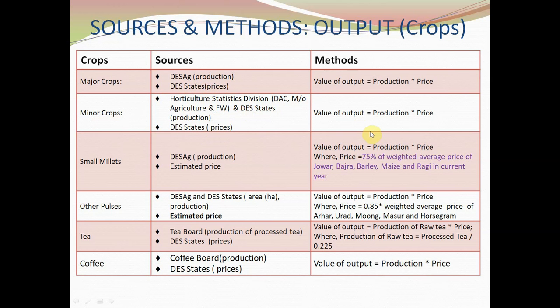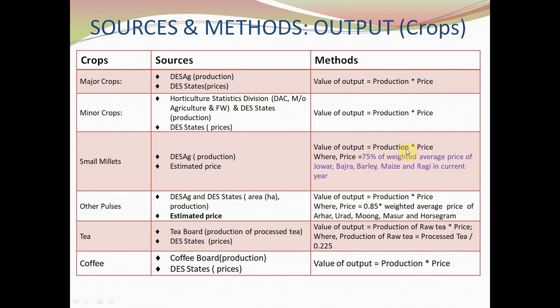Value of output is calculated by the same method using production into price. For small millets, production is taken from DES, Ministry of Agriculture, and price is estimated here. For price, we are taking 75% of weighted average price of jowar, bajra, barley, maize and ragi for current year.